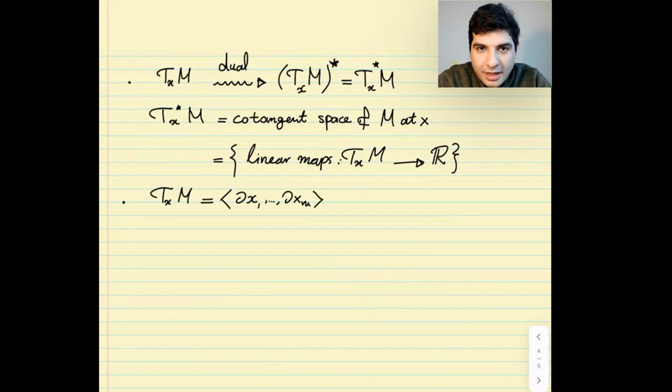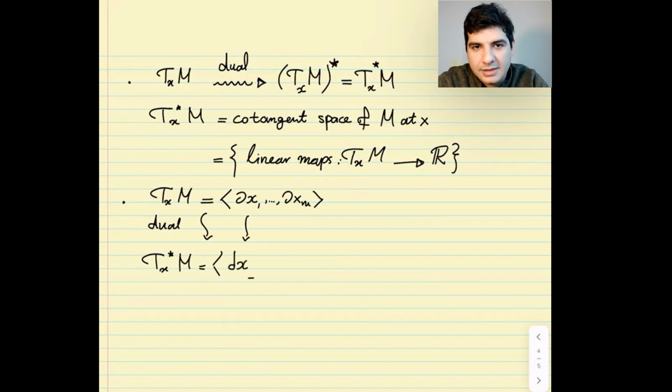Now, just like what we discussed before, you can define the dual basis for the dual vector space. So T star of M at x is generated by the duals of partial x1 up to partial xm. We denote these dual covectors by dx1 up to dxm.